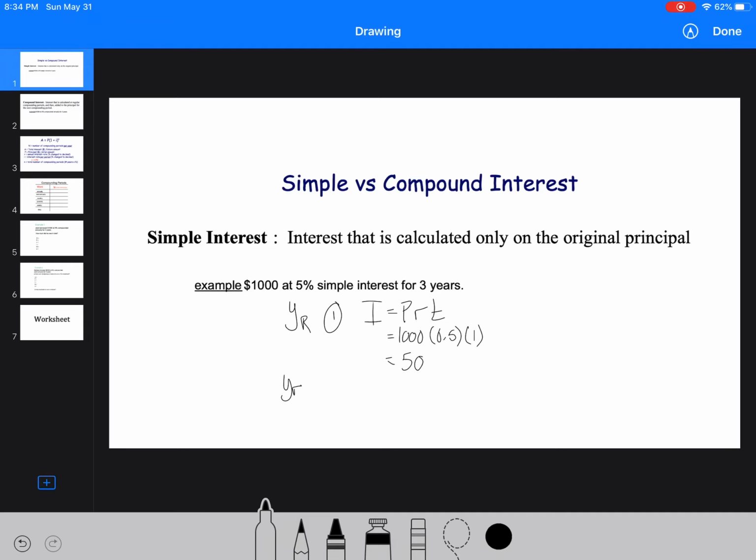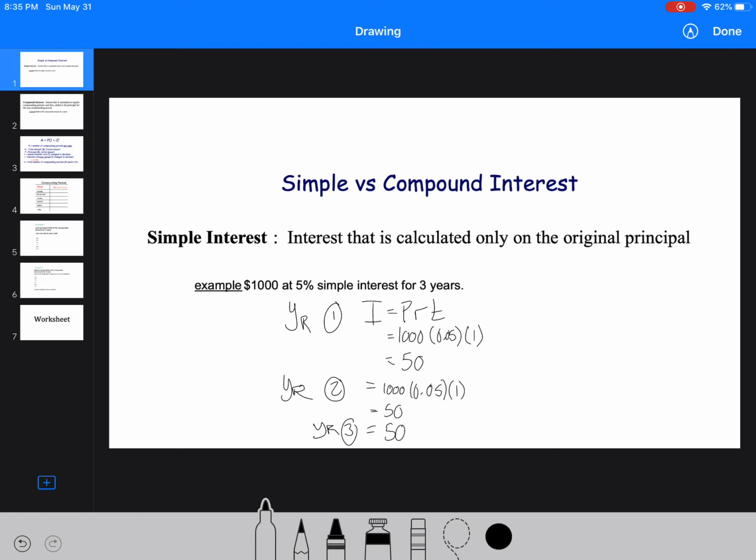In year 2, we're doing the same thing. We're going to have 1,000 times 0.05 times 1, and we get $50 again. Year 3, same thing. We earn $50 each year. Okay, so calculate the simple interest.